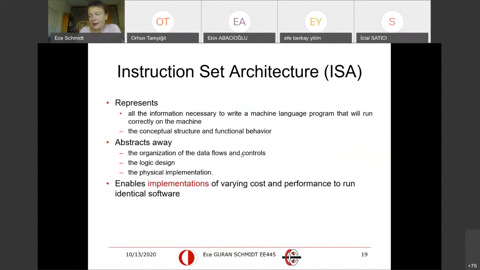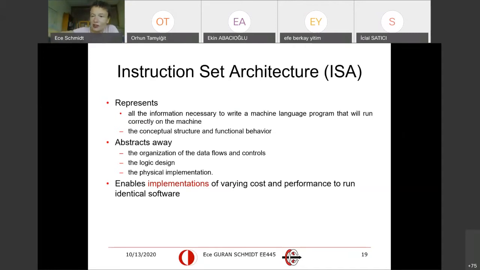As I said, there could be many implementations of the same instruction set architecture, with different cost and performance, but they would run identical software. Your compiler will produce some set of instructions like we have seen in the previous slides. I run these instructions on this machine, and they run in 1 hour.